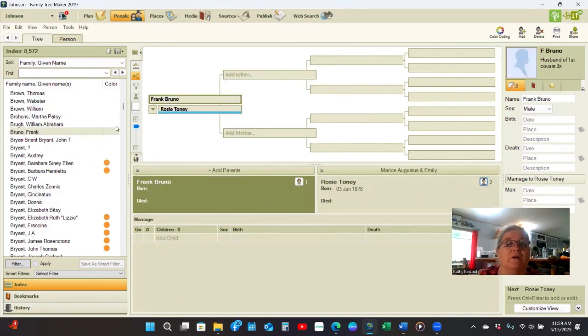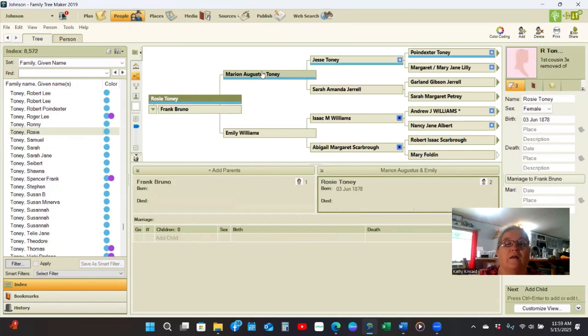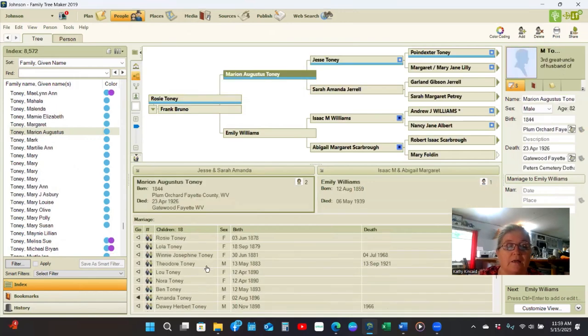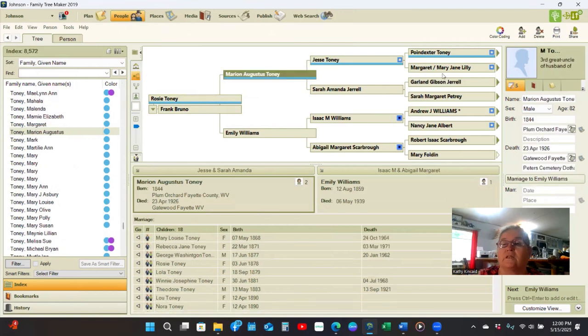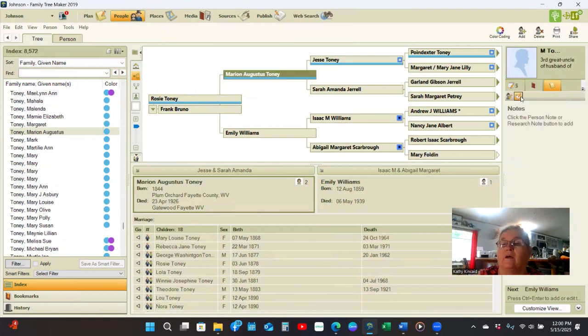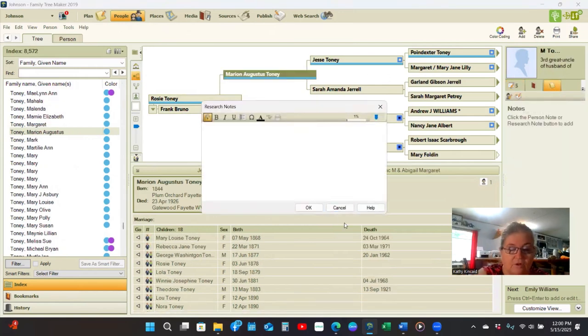Okay, and the last one that I have that they had on their thing is one named Dewey. All right, and we got him in there. Okay, now on a note section on Marion, we're going to add in a note here. It says, he was a sharpshooter for the Confederate Army.